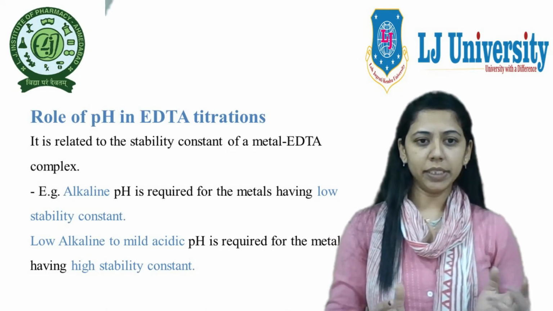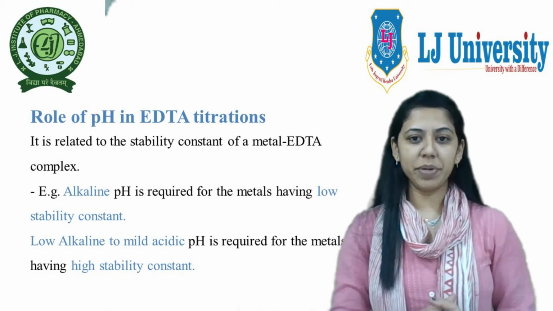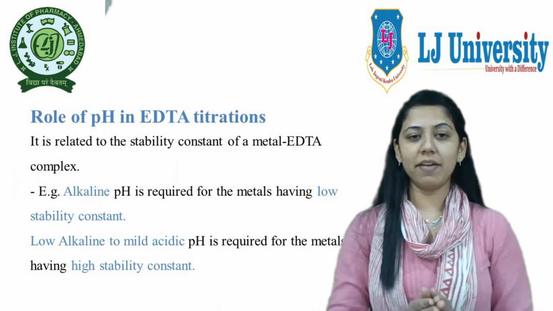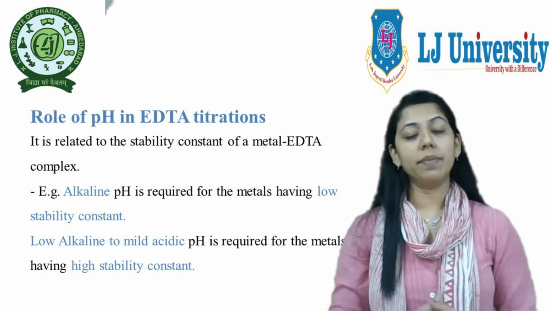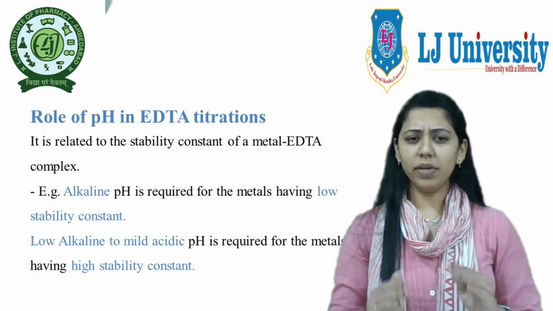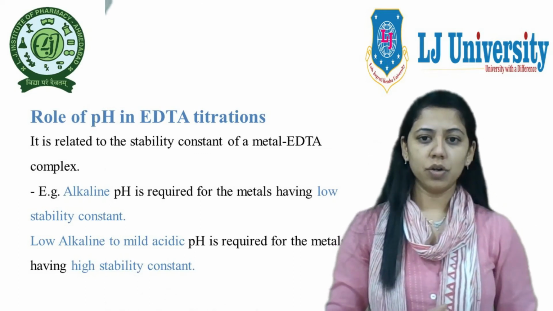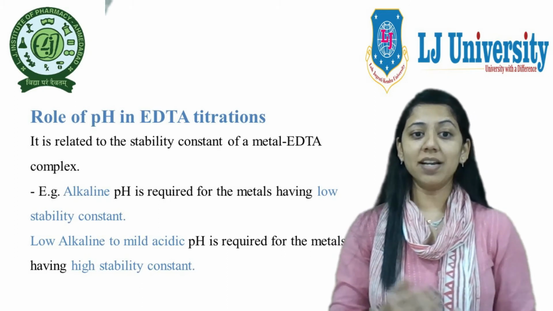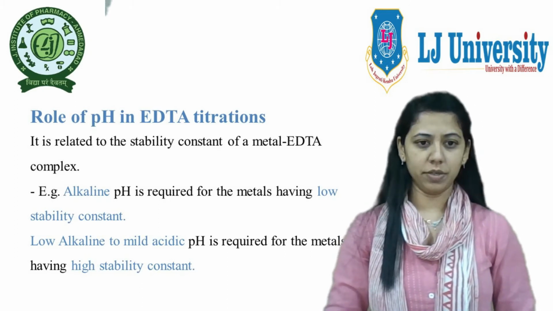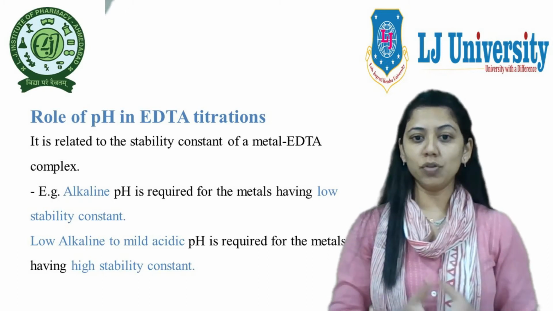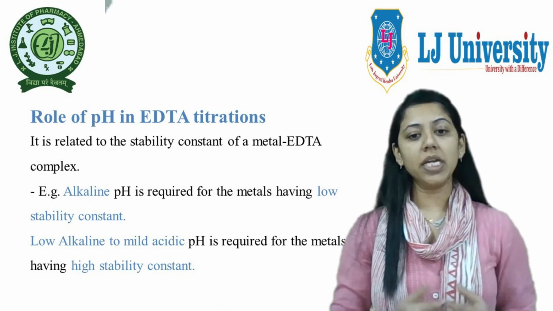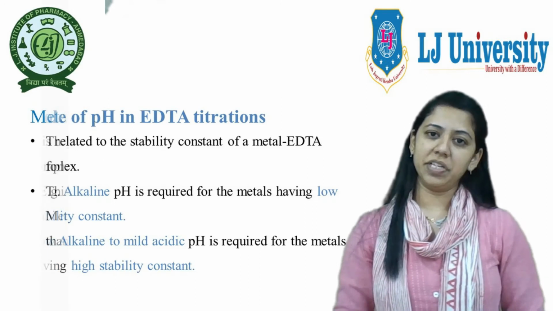For example, we need alkaline pH for metals which have a very low stability constant, while we need slightly alkaline to mildly acidic pH for metals which have a high stability constant. So it is very important to maintain the pH during EDTA titrations.